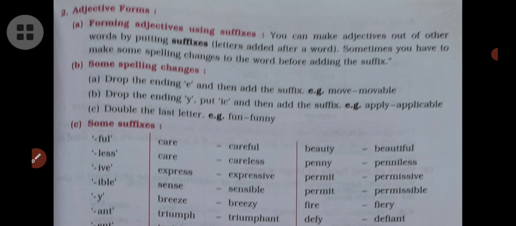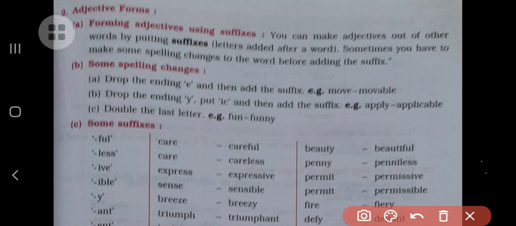So today we will continue this topic, but today we will learn how to form adjectives with the given words. Understand?